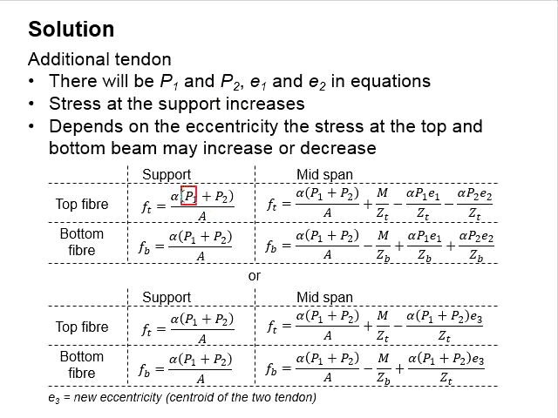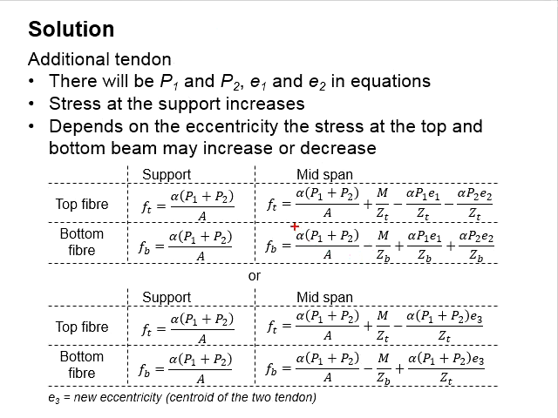The increase of the prestressing load here will increase the stresses at the support. As for the midspan, it increases the stresses, but it may reduce the stresses due to the eccentricity.